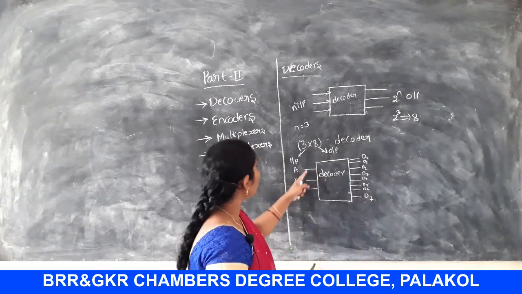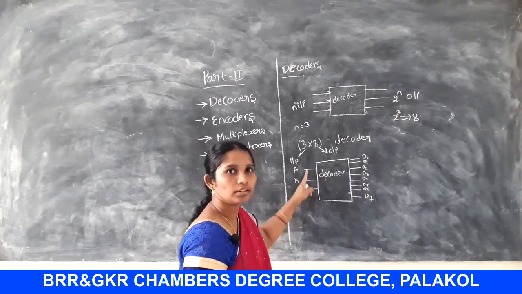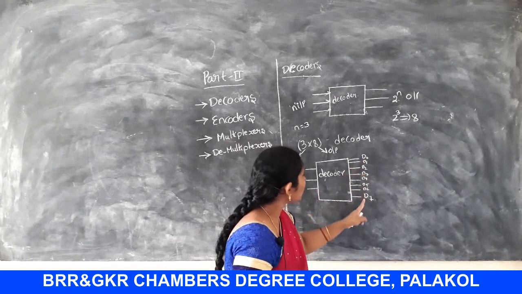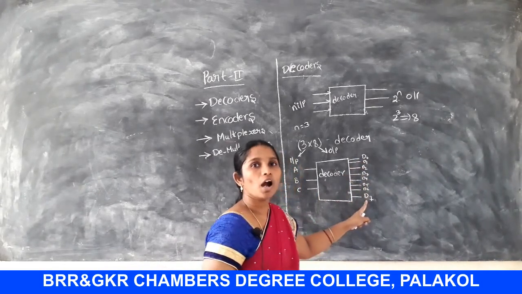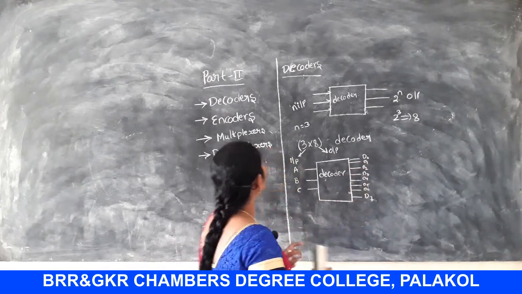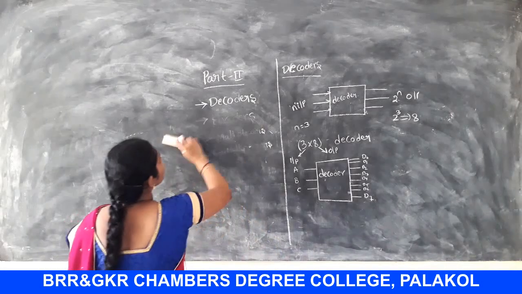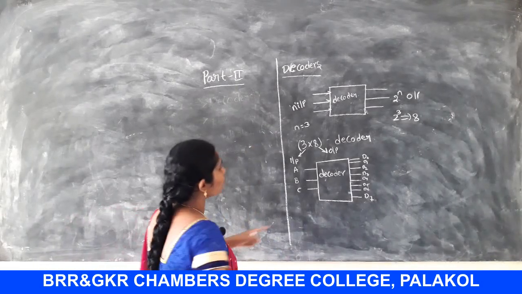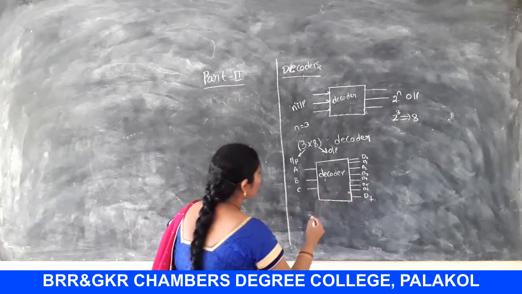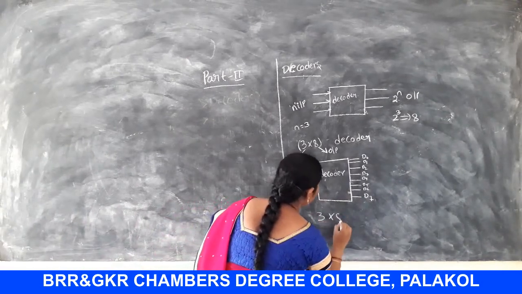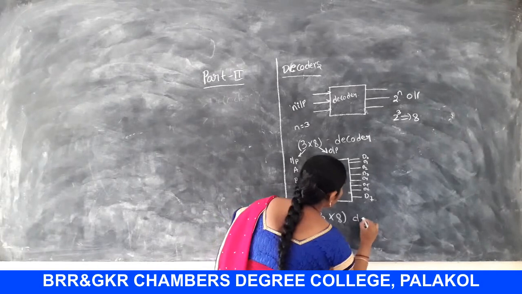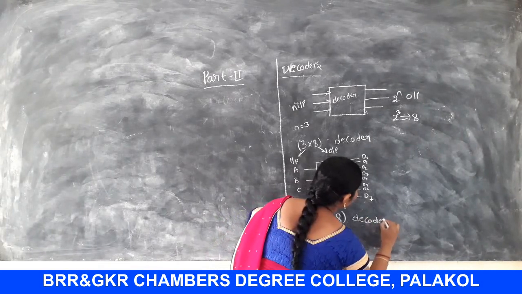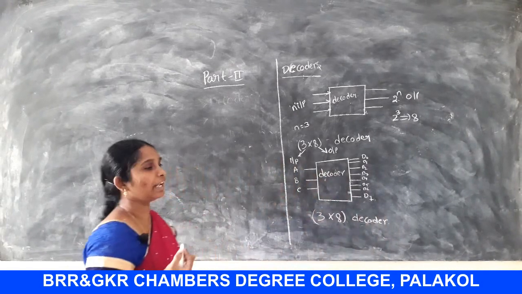Depending upon the input numbers, it will select the corresponding output. So this is the block diagram of the 3 to 8 line decoder.